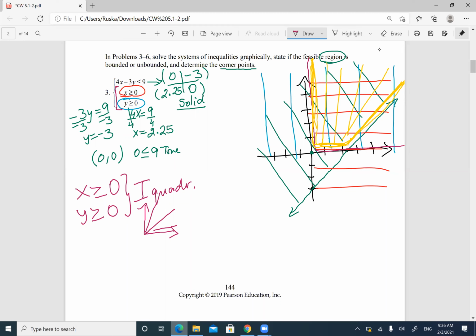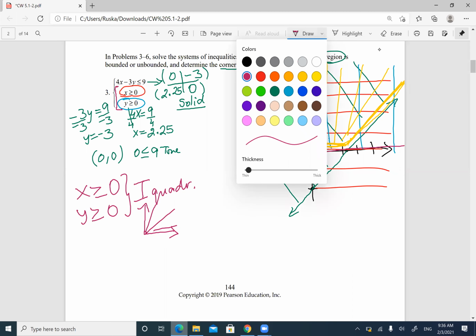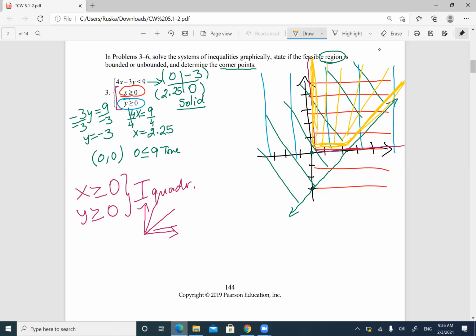Now the question is, is it bounded or unbounded? What do you think? Bounded because it's solid. I mean, I would guess. Okay, so let me explain. Bounded is when it's an enclosed area. So bounded is going to look something like this. It's closed, that's bounded.